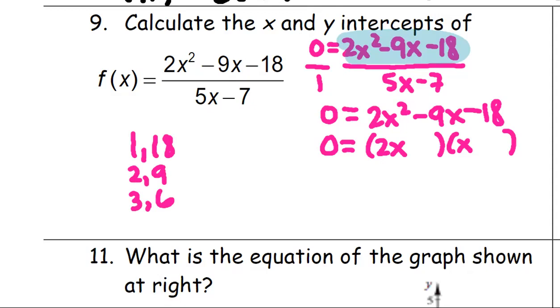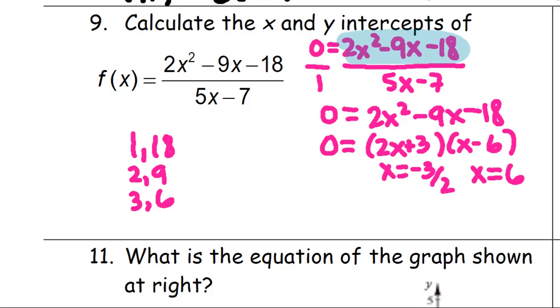So I'm just going to look here at the math. I'm thinking that I want a 6 here and a 3 here. The reason I'm thinking that is this is going to give me 12, this is going to give me 3, and 12 minus 3 is a 9. I'm going to want my 12 to be negative. So that'll be the negative, and then this is going to be positive. So I end up getting x is equal to negative 3/2 and x is equal to 6.